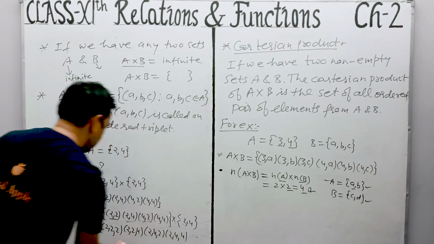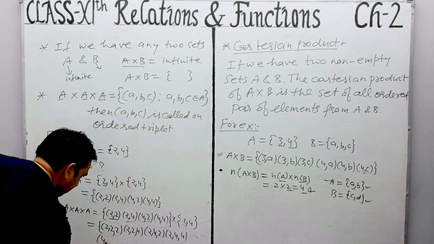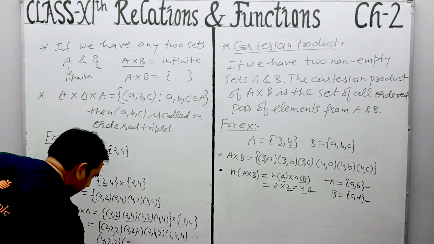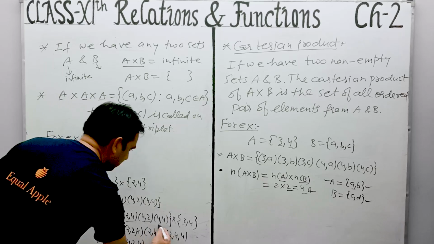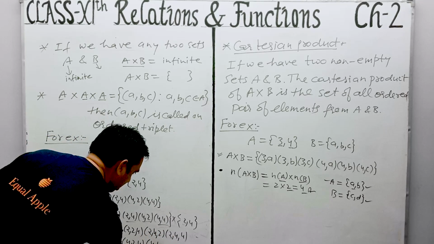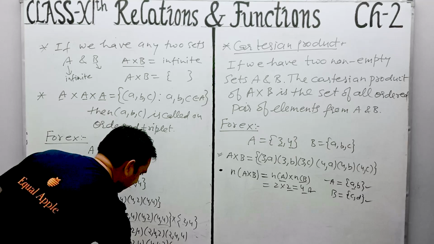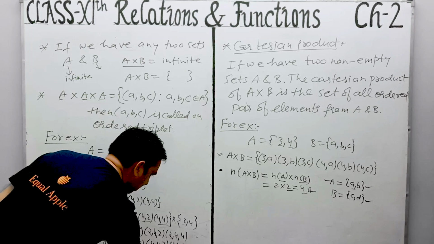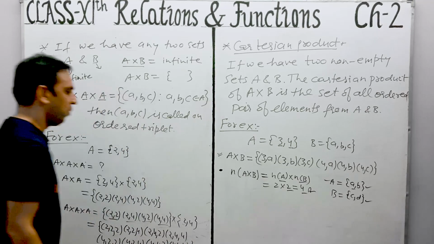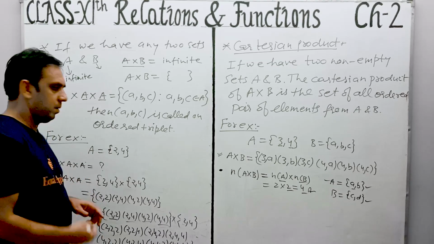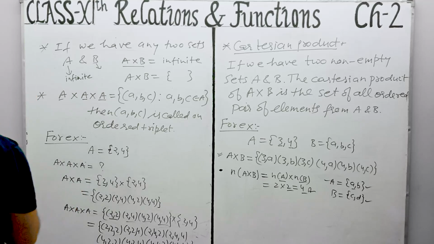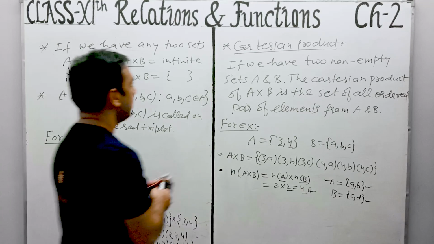By 4, 2 we get 4, 2, 2 and 4, 2, 4. And by 4, 4 we get 4, 4, 2 and 4, 4, 4. So this is how we find the Cartesian product of any set with itself three times. Now we will come to the next topic.